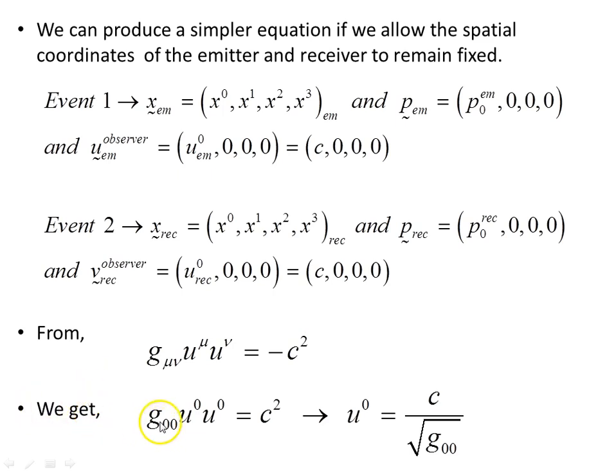So from that we get, because we're talking about the forward velocity of the observer here now, not the photon, g00 u0 u0 equals c squared, because the g00 term will be negative. If you think about your metric, that'll be negative in this signature, so that'll cancel out the minus here. And so u0 will be c over the square root of g00.